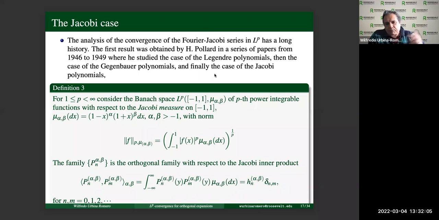You can still use that product, but that will not help that much. And especially, from the experience that you have from Fourier series, you are not expecting that orthogonality will be crucial in any sense in this case either.